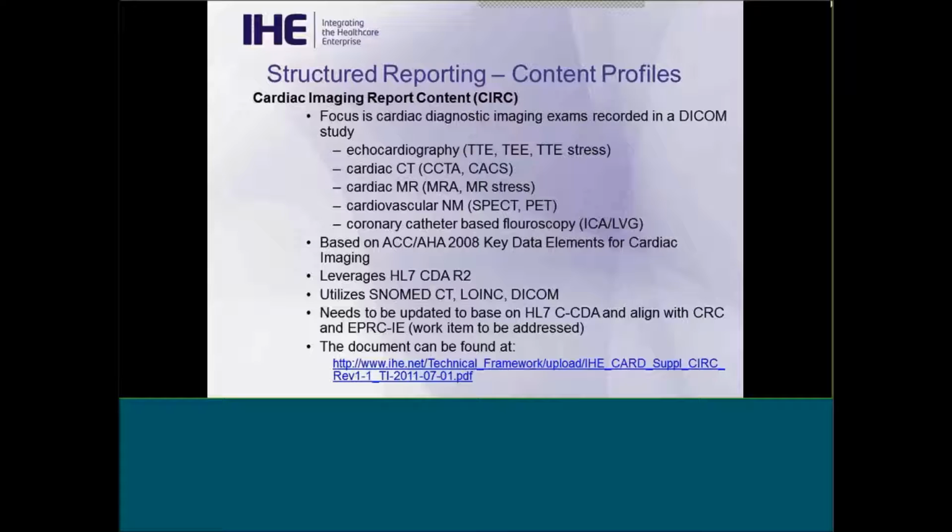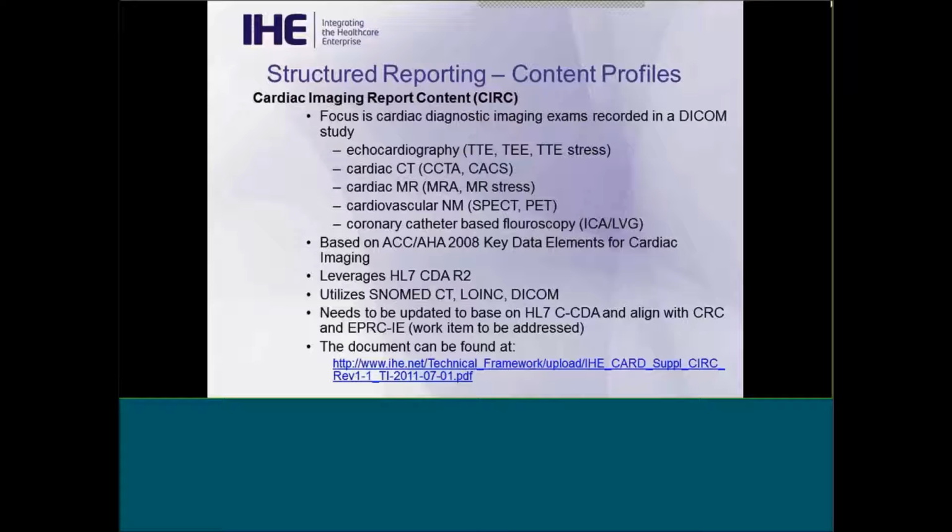And they, in fact, also leveraged, from a structure perspective, some of the IHE patient care coordination CDA templates. I should note that at the time the HL7 consolidated CDA did not exist. It was not in an approved state.